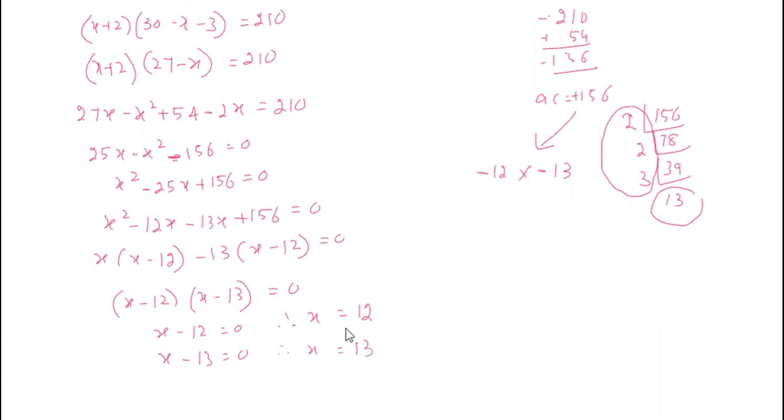Now y equal to 30 minus x. So in this case y becomes 30 minus 12 equal to 18. In the second case y equal to 30 minus 13, that is equal to 17.